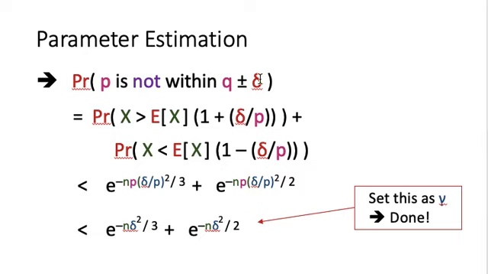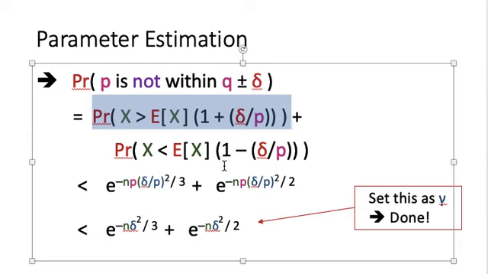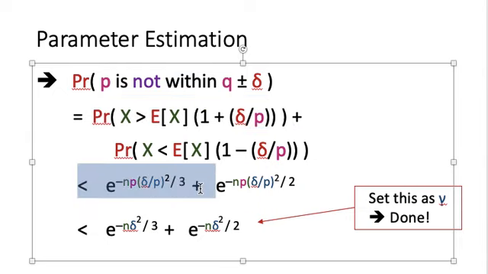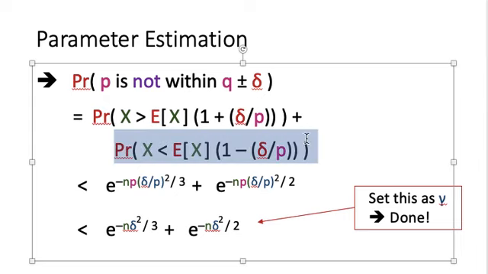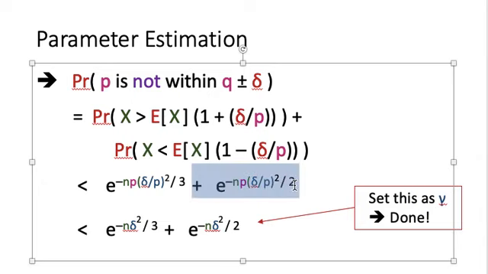Okay, the probability of this occurring is simply the probability of the case that p is too small plus the probability of the case that p is too large. So this is one of the cases and this is the other case. Now we can replace the first one by the Chernoff bounds that we have obtained from the previous lecture, and similarly the second one with the Chernoff bounds that we have obtained from the previous lecture for this case.